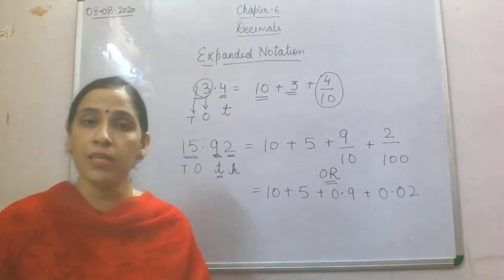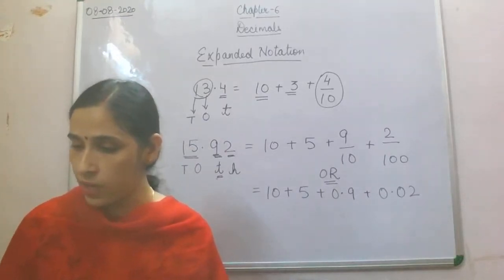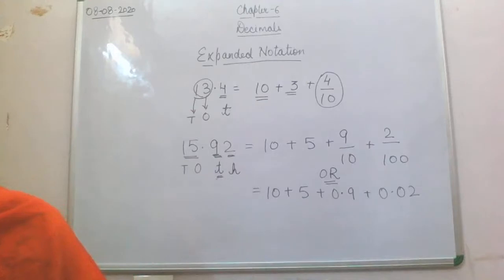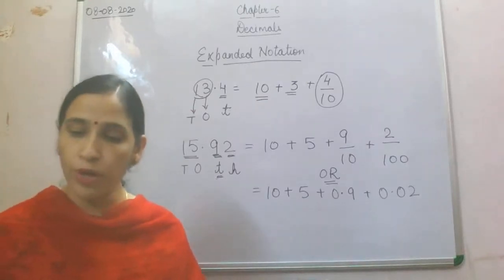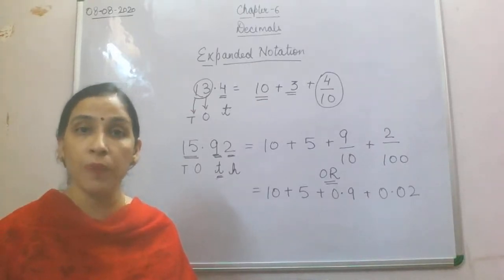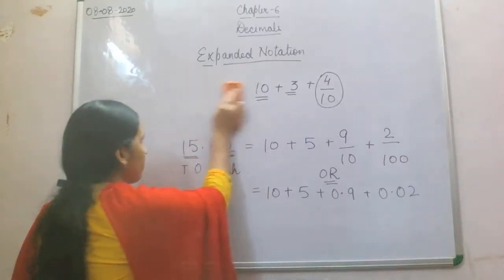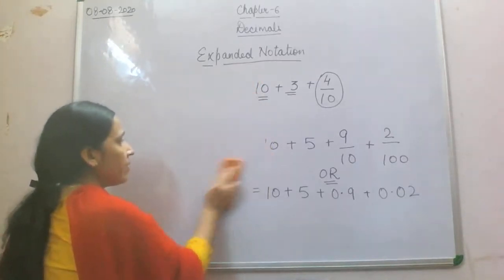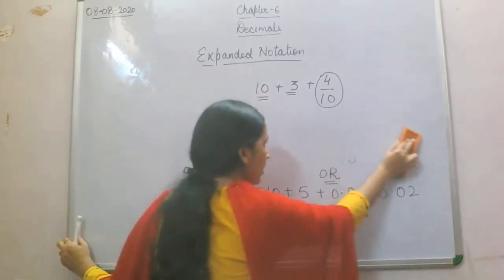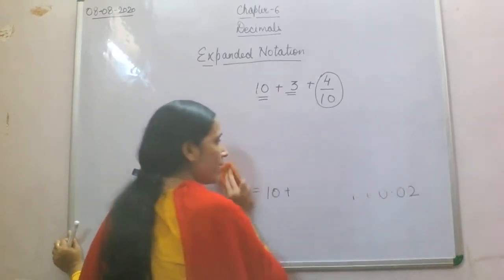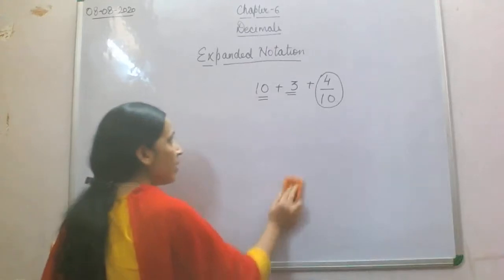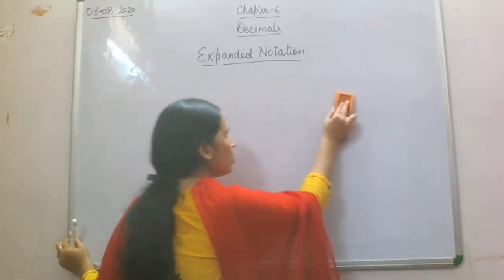I hope this concept is clear to everyone. Right now we will take a few more examples related to expanded notation only, and then we will move to our next concept. If the number is given in expanded notation, how will you write that number in decimal form? That also we will see today.